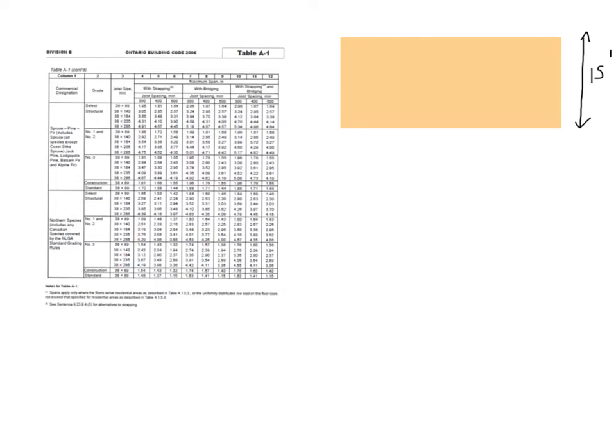So let's say I had a floor where my span was 15 feet. So my joists are running this way, and the span from the interior of both supporting members, my foundation walls, is 15 feet. That's my clear span. So the first thing I'm going to do is convert that 15 feet into meters. And the conversion rate is 1 meter equals 3.281 feet.